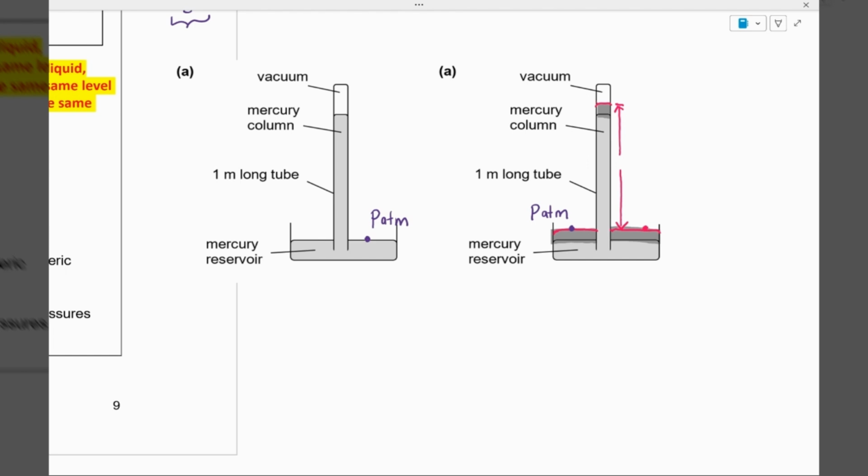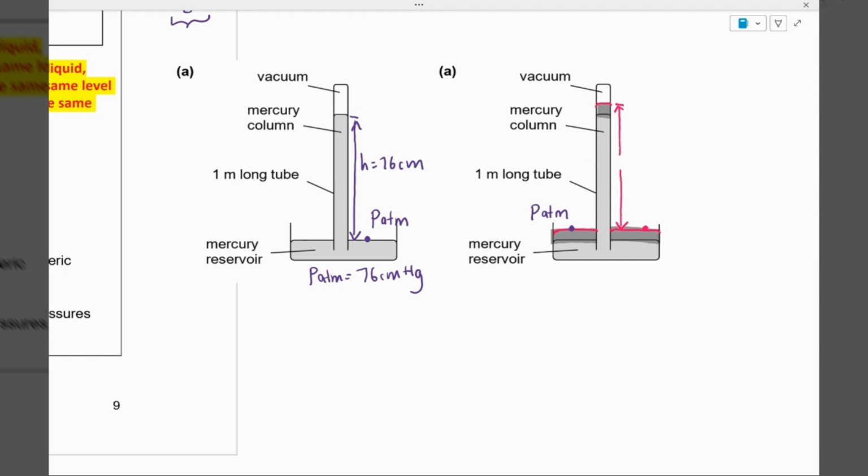So recall that the height of the mercury level measures the atmospheric pressure. So say for example, if my atmospheric pressure is 76 cmHg, then what should this height be? This height should be equal to 76 cm.